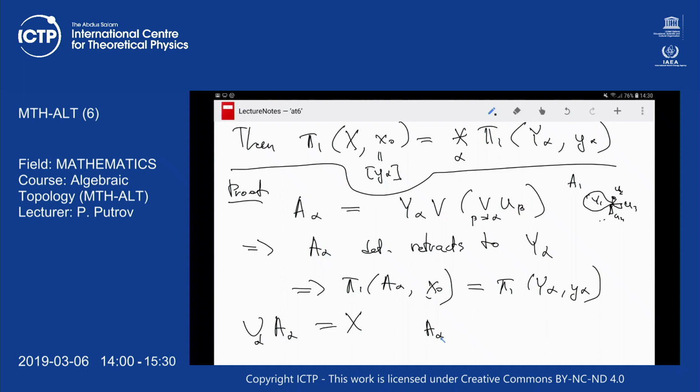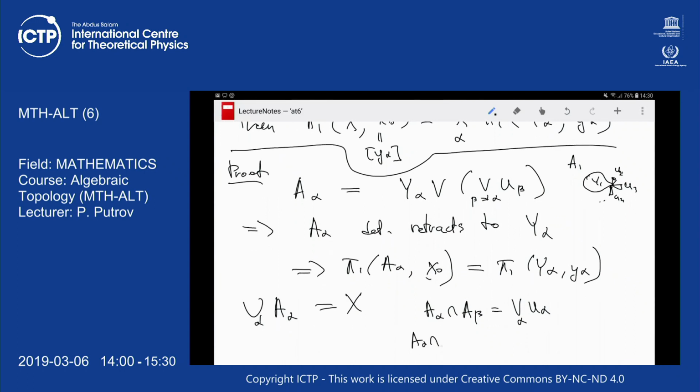Now we want to check that the conditions of the theorem are satisfied. If you consider any pairwise intersection, this will be the wedge product of all U alphas, and the same for any triple. This follows immediately from the construction of A alpha.